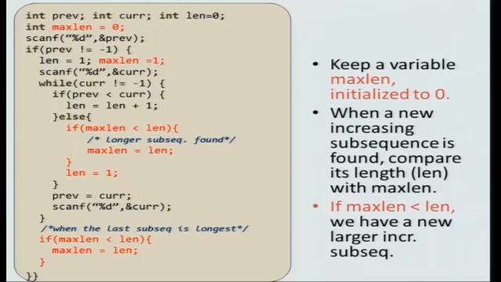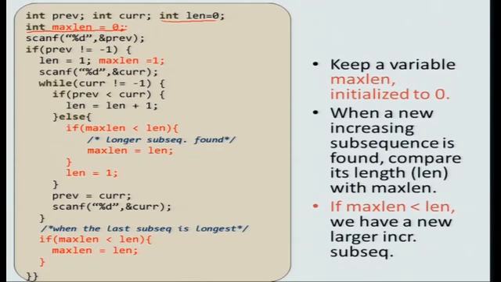Okay, so let's modify the program a little bit. So earlier we reasoned out that we need at least 3 variables. Now in order to keep track of the maximum length that we have seen so far, I need a new variable. Okay, so this part we have already done before, and here is max length equal to 0.